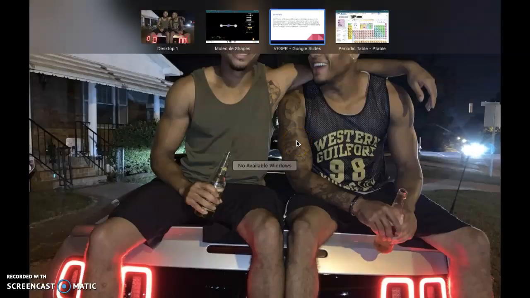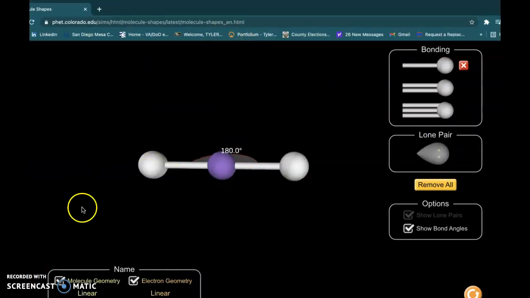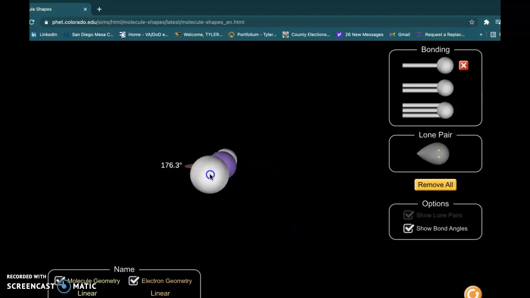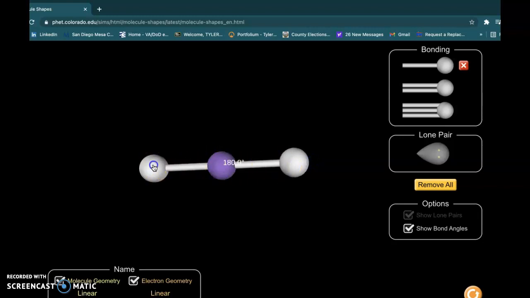One last thing here, I will go into our PhET program. This here just gives us sort of a 3D look of what's going on here. Now obviously these aren't named, but if you look at it, this is our 3D model of magnesium chloride, if you will.